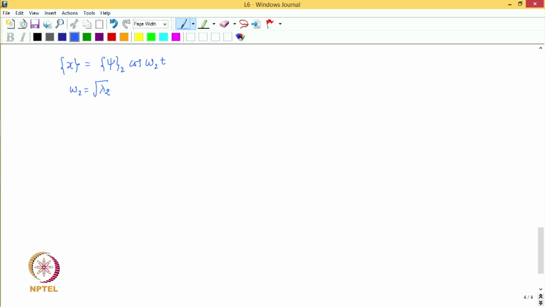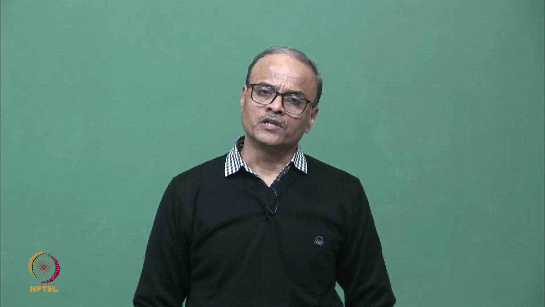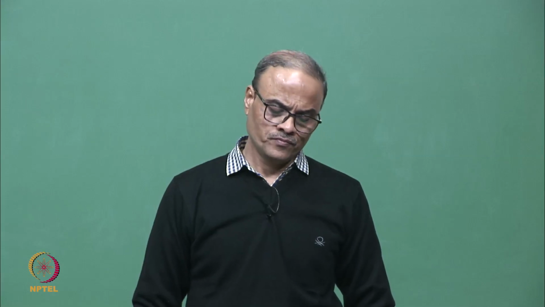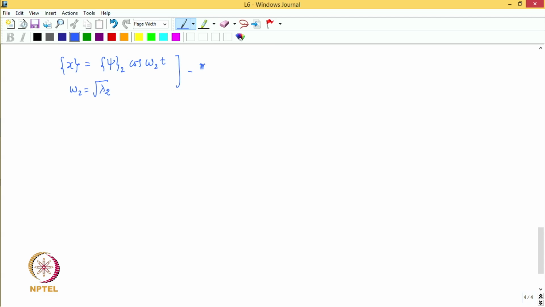So, this represents another configuration or another way in which the system can vibrate freely. So, it can vibrate with omega 2 also, and in that case the vibration of the different masses of the system will be governed by eigenvector 2, right. So, this represents the motion in the second mode of vibration.